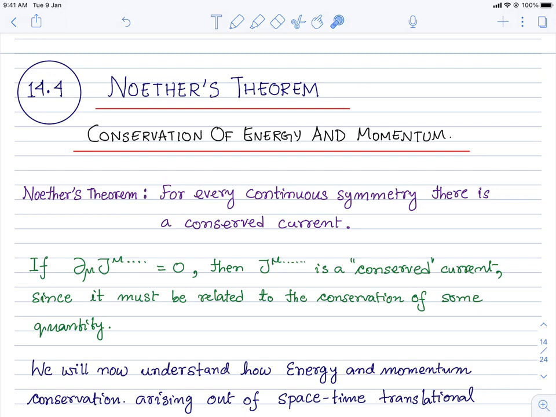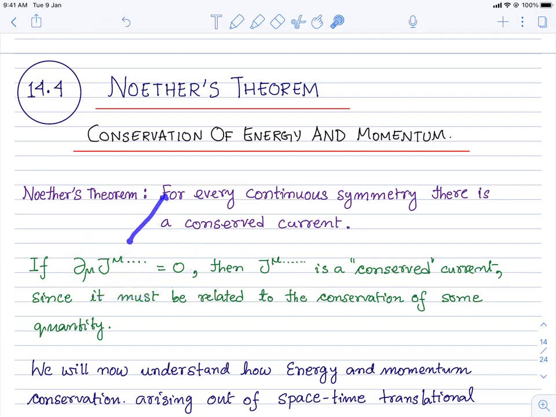Similarly, you can ask what the other symmetries of the problem lead to, or what kind of conclusions or current conservation they lead to. In general, the current conservation has the following form: the divergence of some quantity. It can be a 4-vector or a tensor.